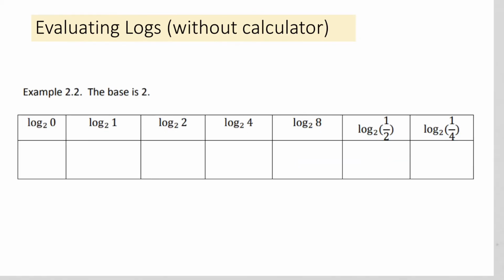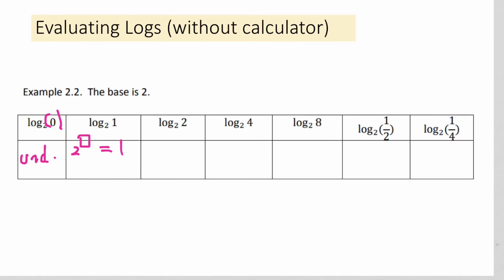So now we're going to try this one without having all those pre-written things. Remember that whenever you have a 0 here, you're undefined. That operation is just undefined. Okay, now for the second one, we're saying if I have base 2, what power do I have to raise that to get 1?